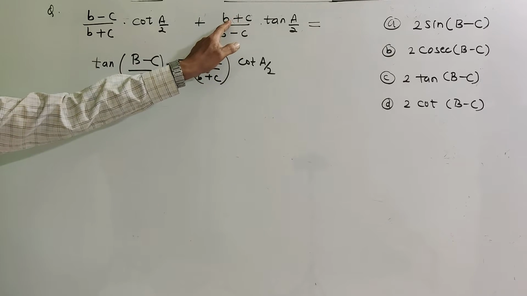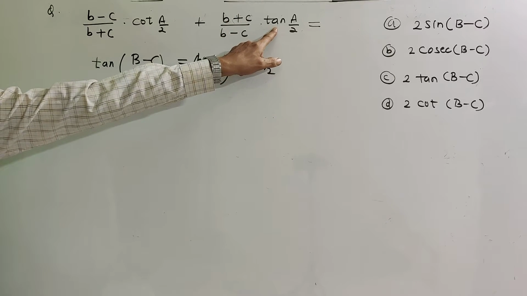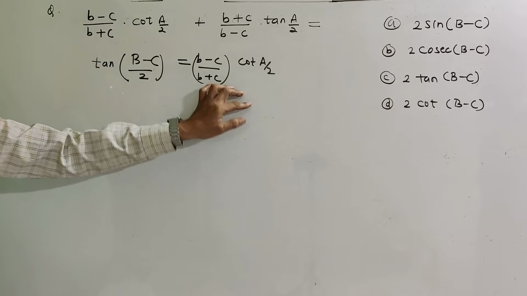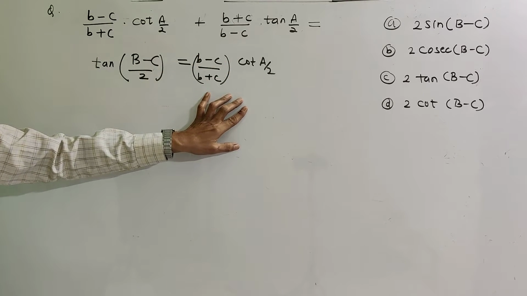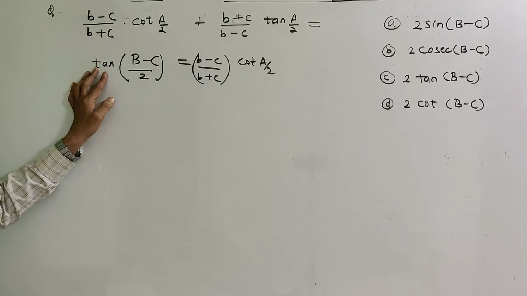You will observe that (b + c)/(b - c) tan (A/2) is nothing but the reciprocal of this, and the reciprocal of tan is cot.